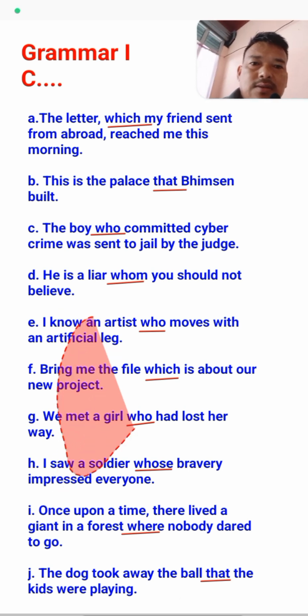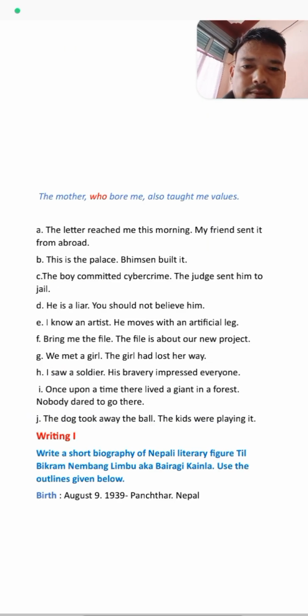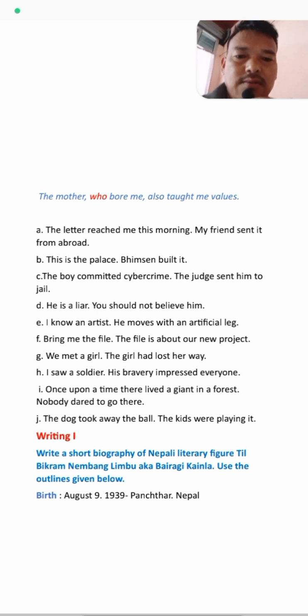You can do practice and you can write on your own, students. Now it's time to move to the writing part. Have a look at the writing one. In the writing part, students, we have an exercise. You have to write a short biography of a Nepali literary figure, Til Bikram Nembang, and you have to use the outline given below.